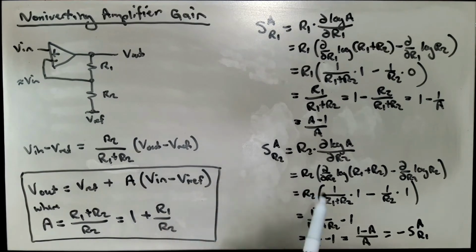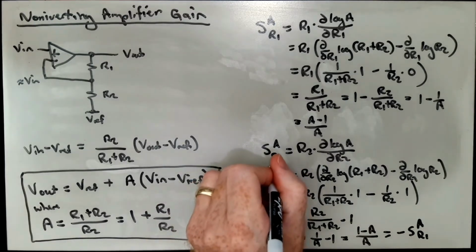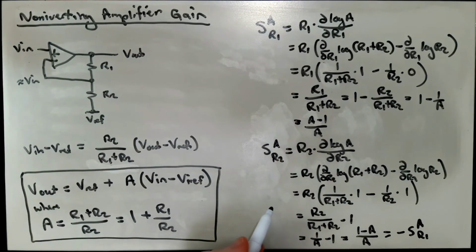That's interesting. We have here that these two resistors contribute in opposite directions to the sensitivity of the gain.